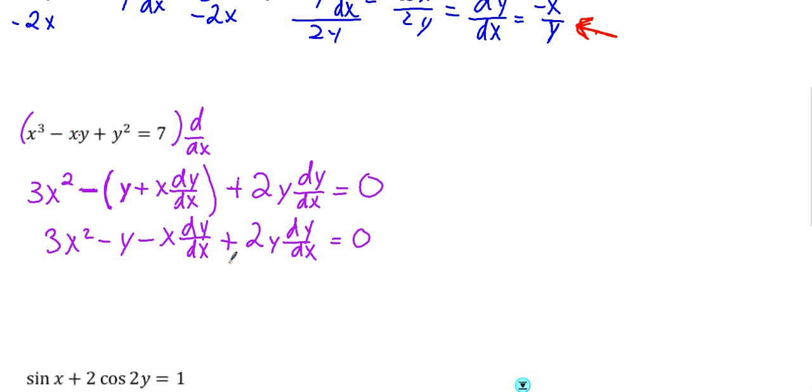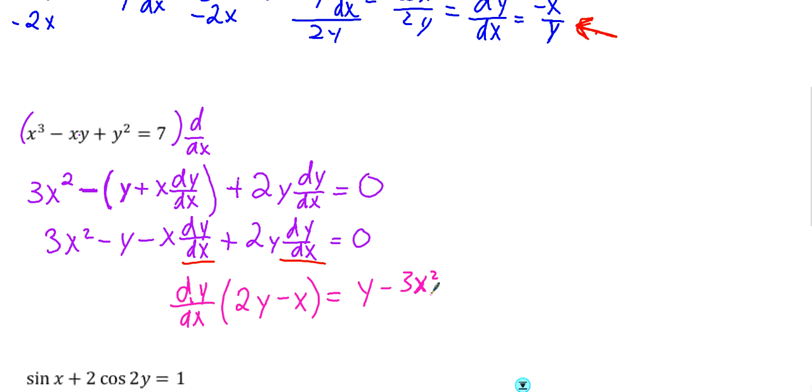Both of the remaining terms have a factor of dy over dx, so I'm going to factor dy over dx out. And I'm going to get 2y minus x equals y minus 3x squared.